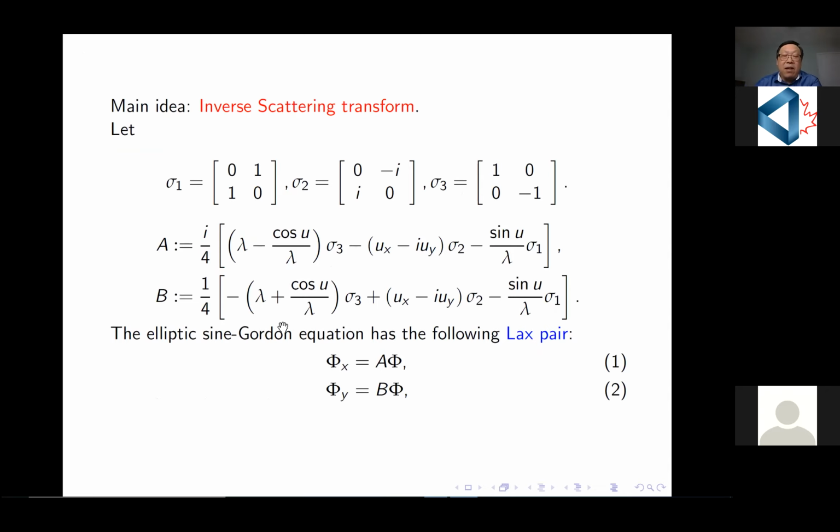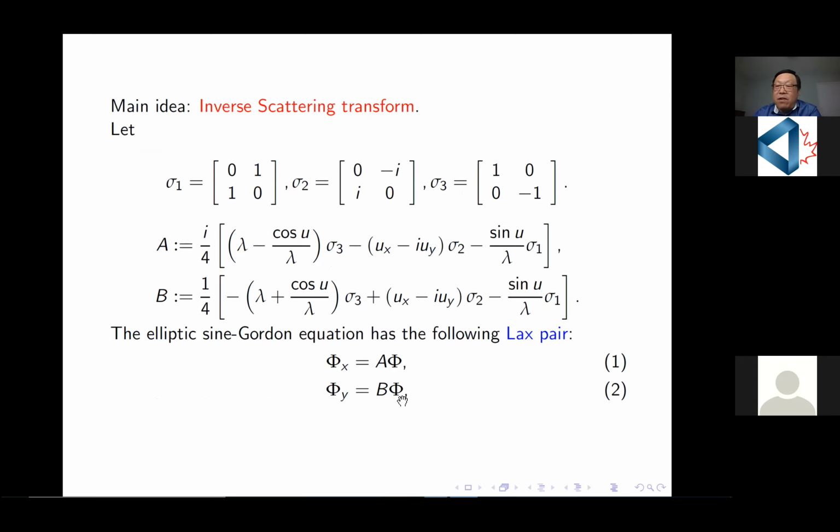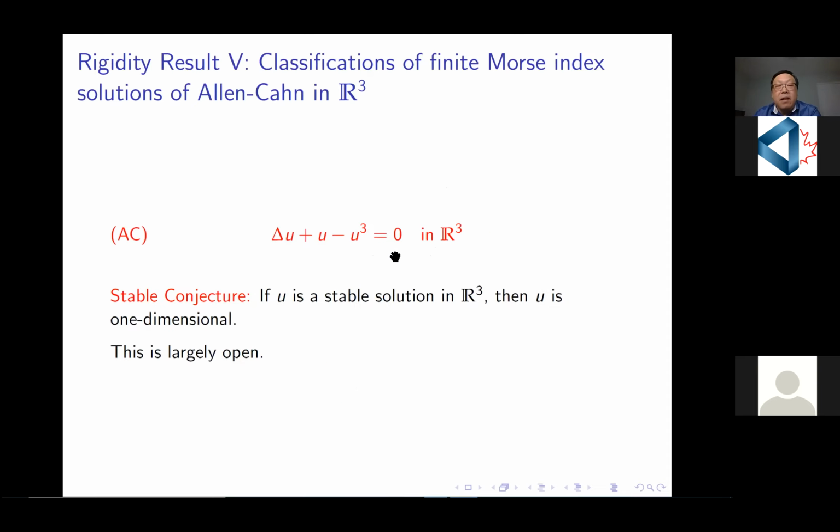We can find the so-called Lax pair for the elliptic Sine-Gordon equation, and then using the Lax pair and the Darboux transform, we can find all solutions, and then use inverse scattering to prove the non-degeneracy. So this is the fourth type of classification result. Are there any questions so far?